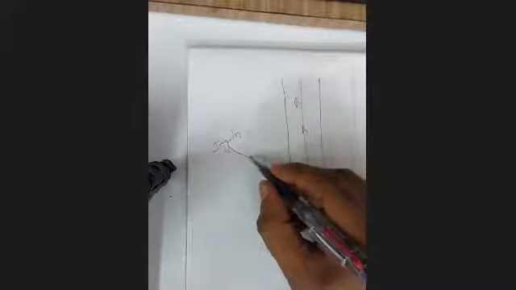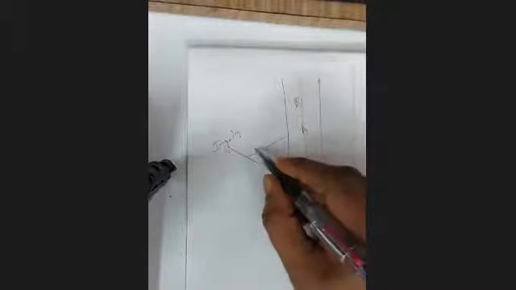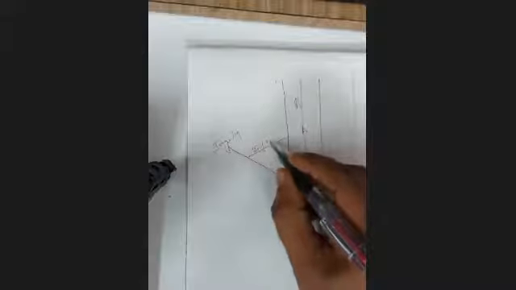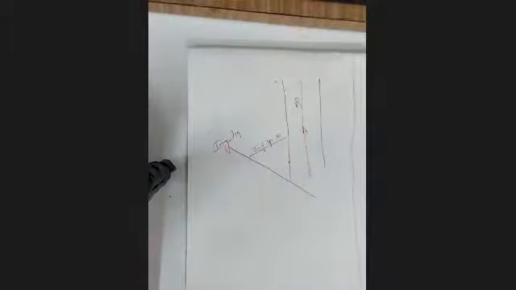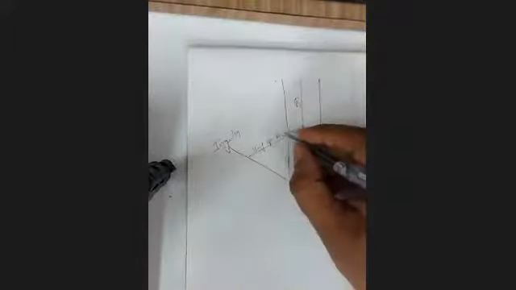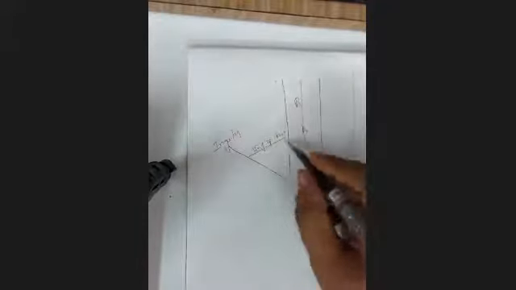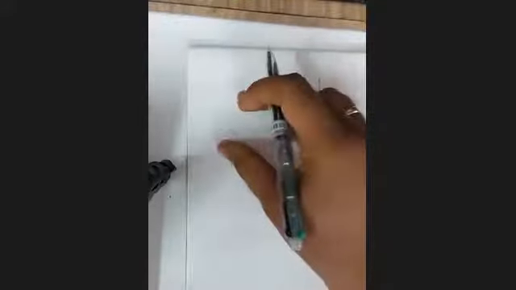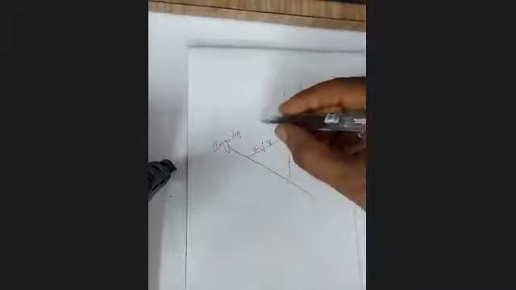The inferior epigastric artery goes like this. And the inguinal canal is running like this.